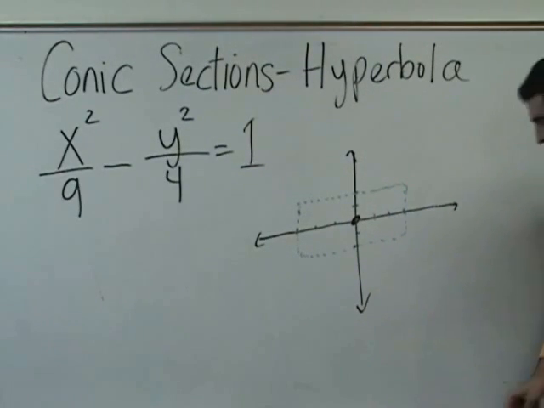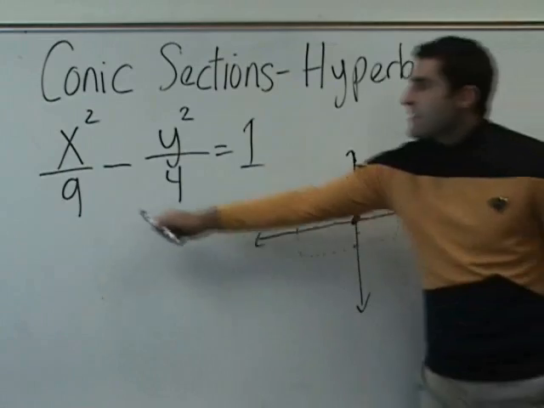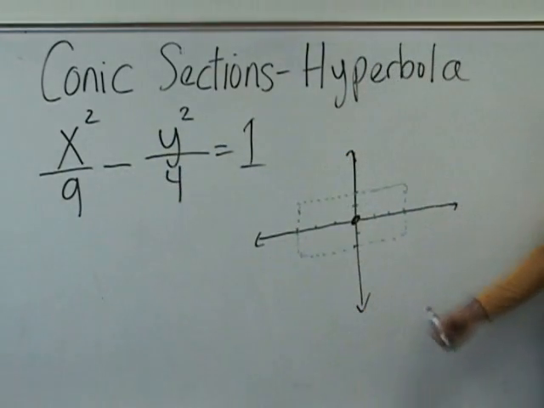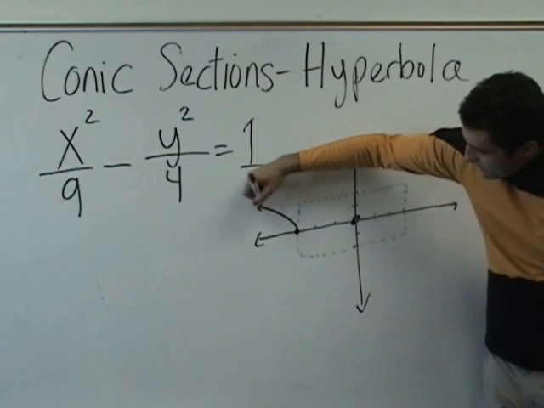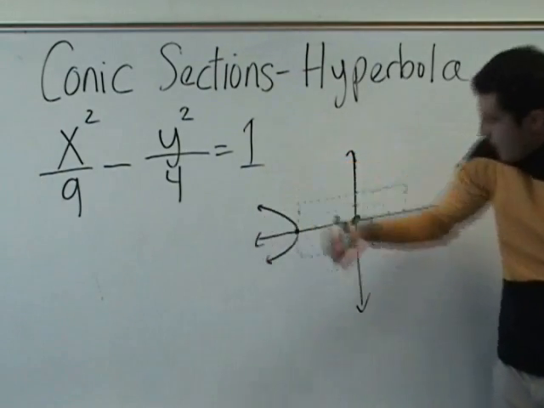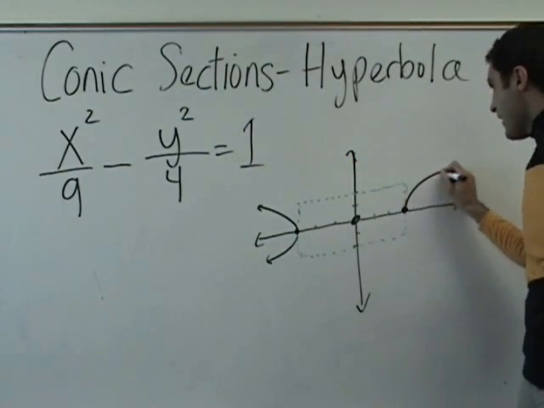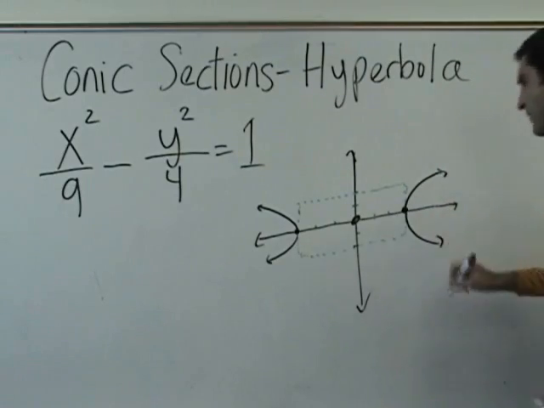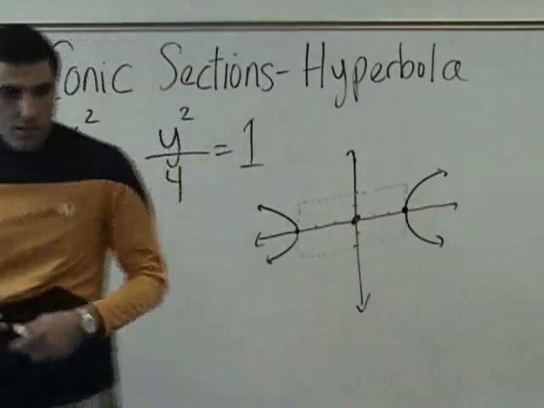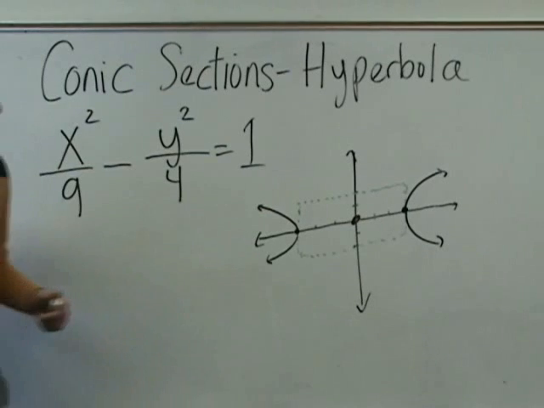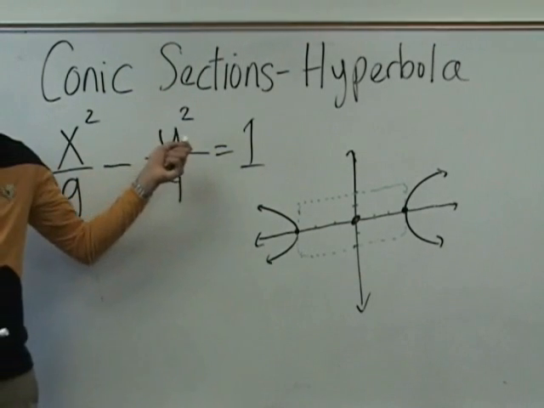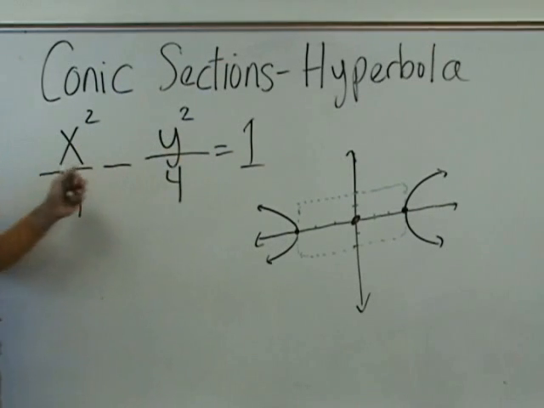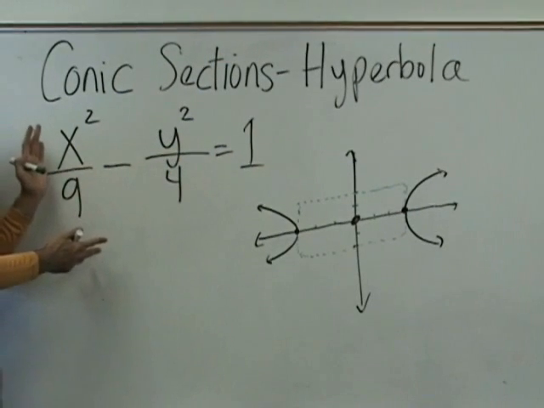Okay. So we make our box, and now we agree that because the x is coming first, our hyperbola will open this way. There's that, and that. Wait, can you explain that again? Sure. Notice x squared minus y squared, meaning the x is the dominant one.